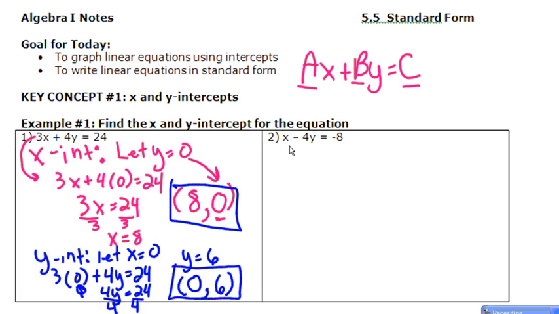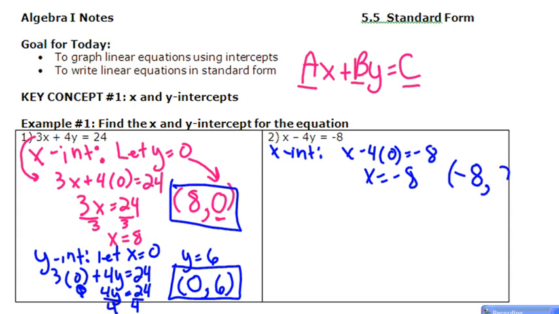So let's do the same thing with this example. For my x-intercept, I'm going to let y equal 0. So I have x minus 4 times 0 equals negative 8. 4 times 0 is 0, so I get x equals negative 8. So my x-intercept is negative 8, 0. For my y-intercept I let x equal 0.